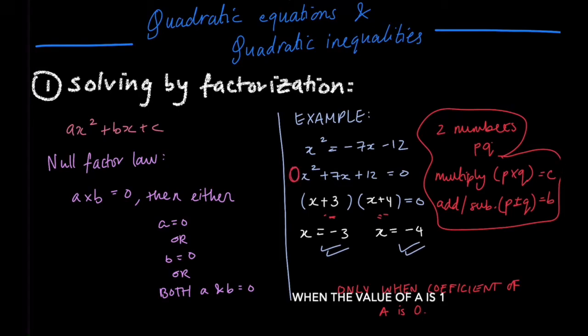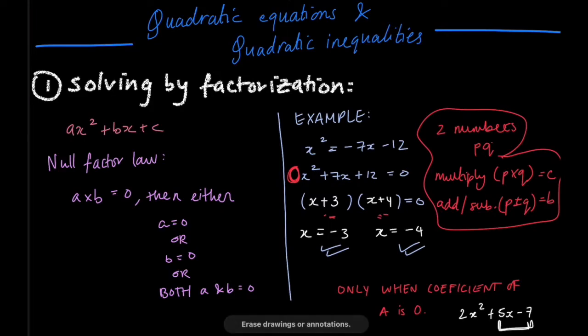We need to make sure that there is no a value before x squared for this method to work. If there is, and there's a way to eliminate it, like by dividing it off on each side, that's fine. But if there is an a value, let's say we have 2x squared plus 5x minus 7, we can't use this method. We can't find two numbers and only relate it to this one. That uses a different method, which we will look into now.